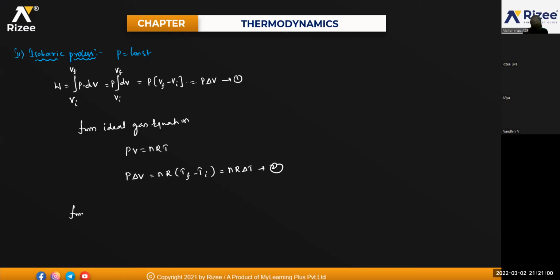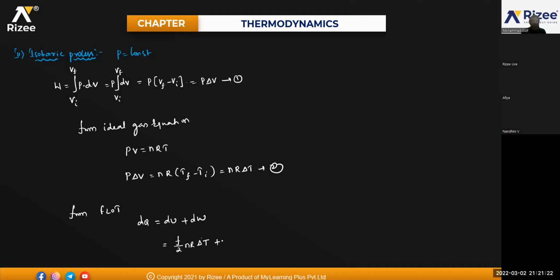So I can write from the first law of thermodynamics, dQ will be equal to dU plus dW. dU is equal to how much? F by 2 nR into delta T, or dT you can write. Plus dW will be equal to how much?